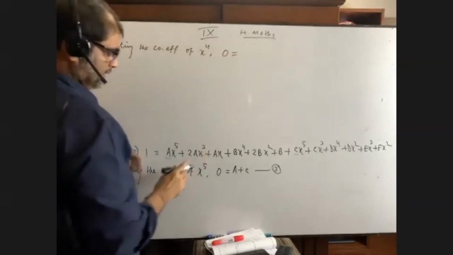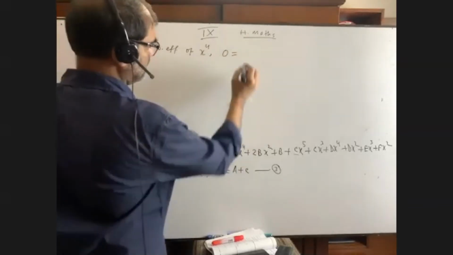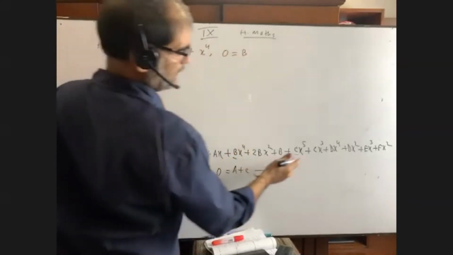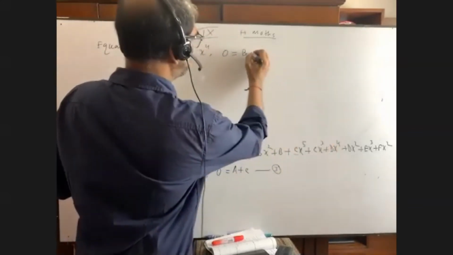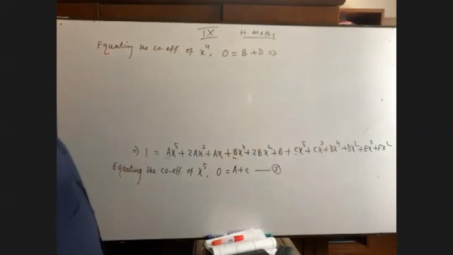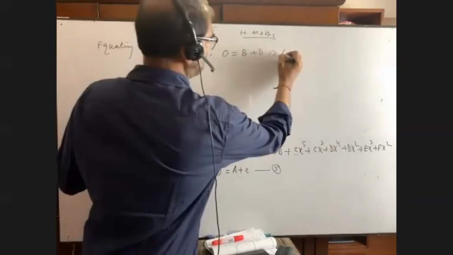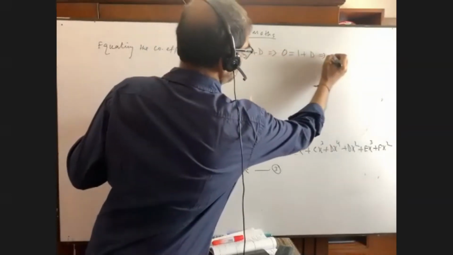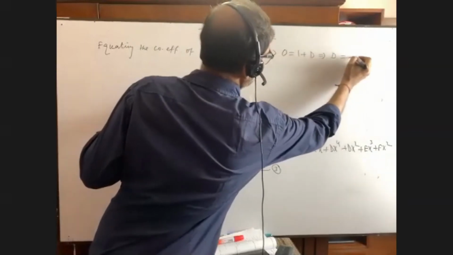We are getting x to the power 4 here, b, and here b plus d. So we know b is 1. That is 0 equals to 1 plus d. Implies that d equals to minus 1.